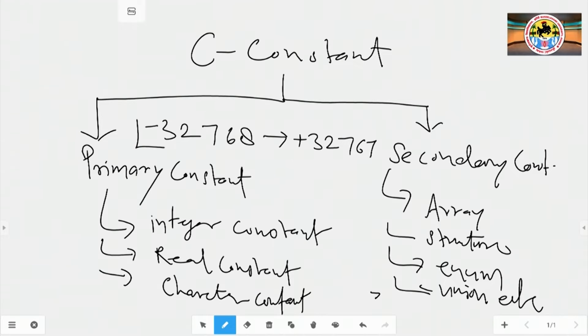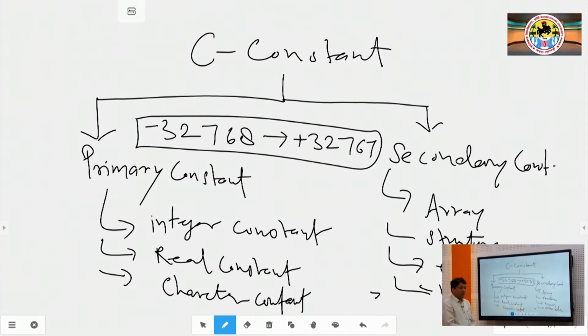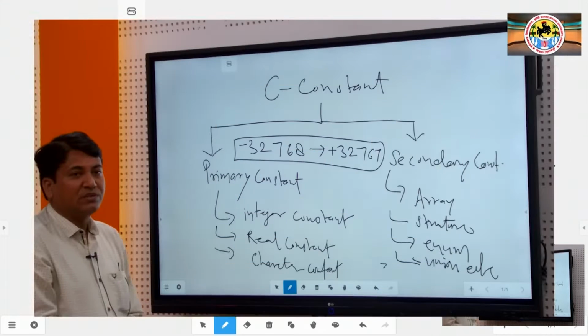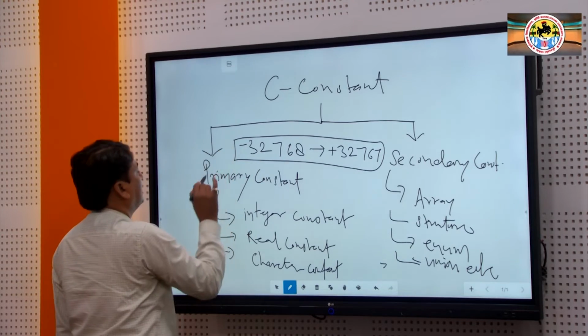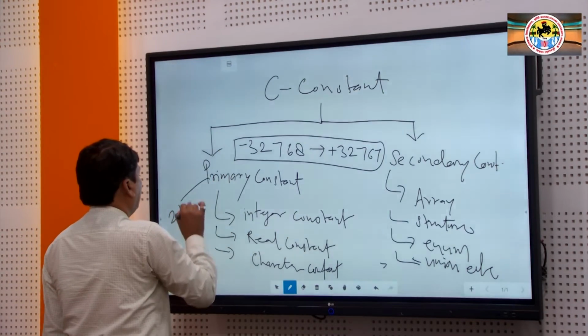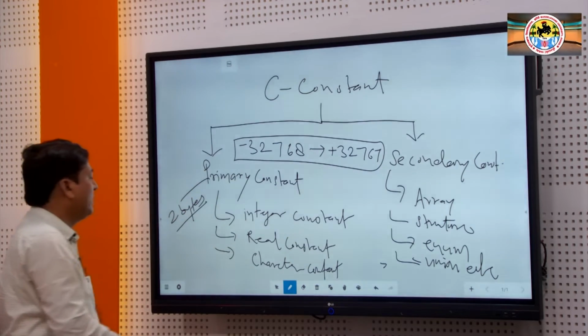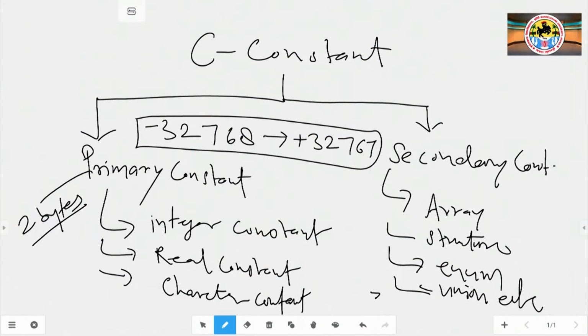Any integer value which lies between this range, we can say is an integer constant. And 2 bytes of memory are needed to store an integer constant in the C language.